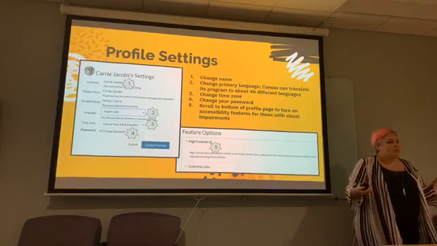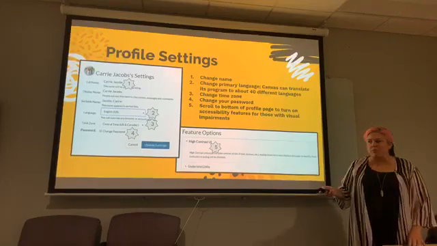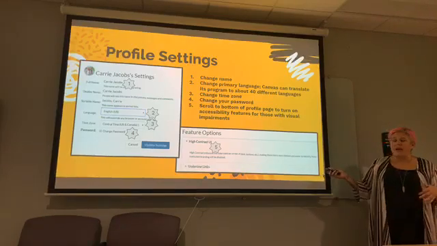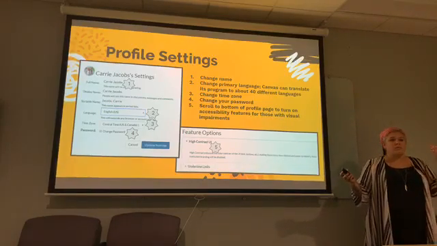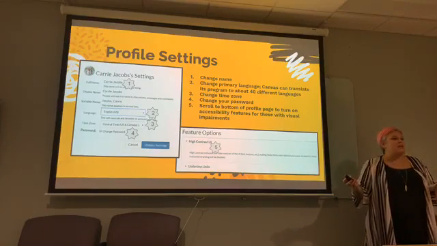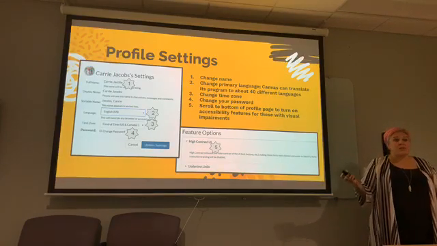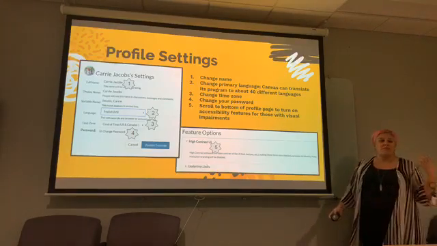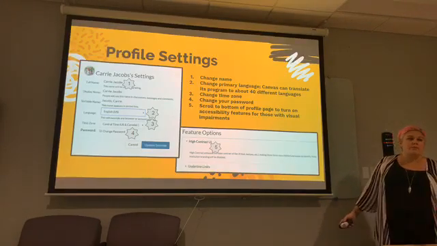Canvas really prides itself on being visually accessible for all students. Teachers can't change the font. The font that they have in Canvas has been researched and selected as the best font for as many visual impairments as possible. So anything that's on Canvas is made to be as visually accessible as possible.